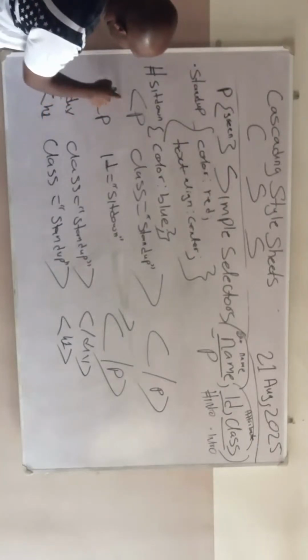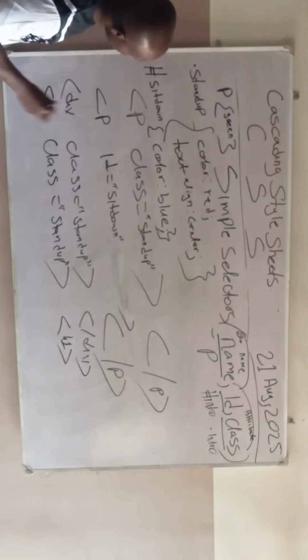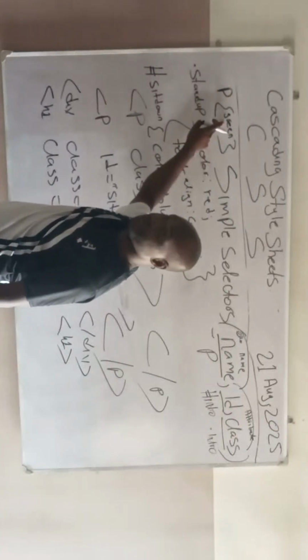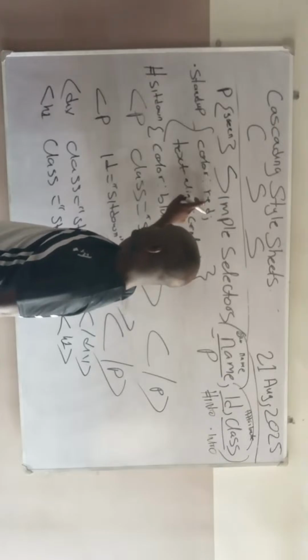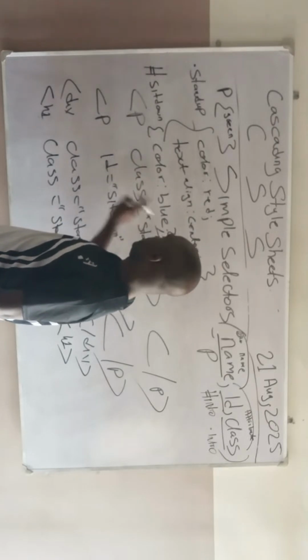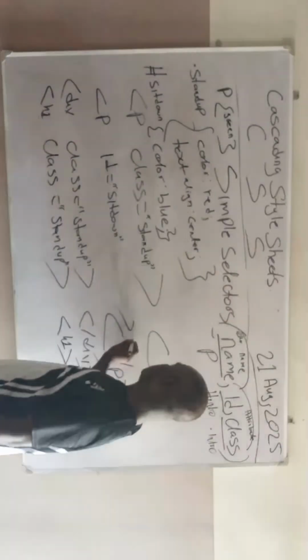I have these two P's. This is P, green. Class, color, red. And ID, color, blue. Now look at this P. ID is standard. Which color will my text be?